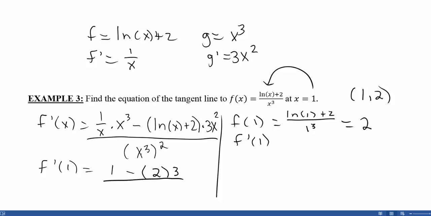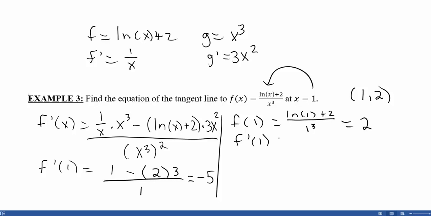All divided by 1 cubed squared. So 1 to any power is going to be 1. So here I multiply the 3 and the 2 to give me 6. So in the numerator, I have 1 minus 6, which is negative 5, divided by 1. So all in all, I end up with negative 5.